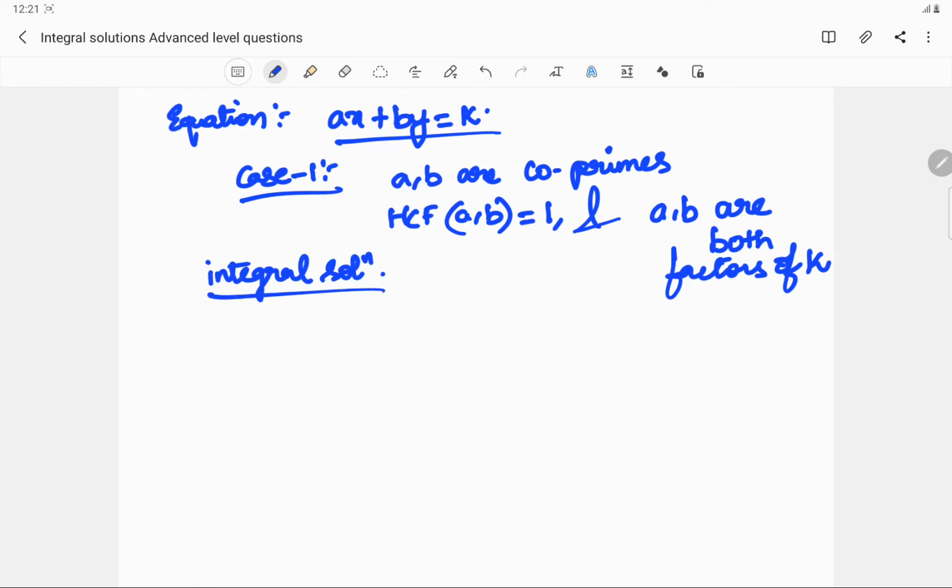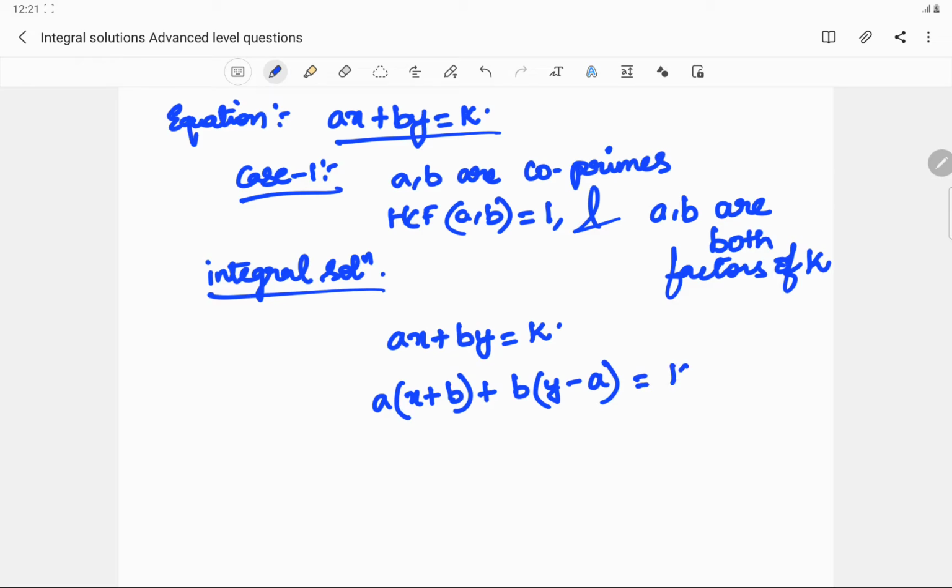Prior to finding the integral solution, let us study this equation, that is ax plus by equals k. What I'll do is simply increase the value of x by b, then I have to decrease the value of y by a. That means when the value of x is increased by b, the value of y must decrease by a.